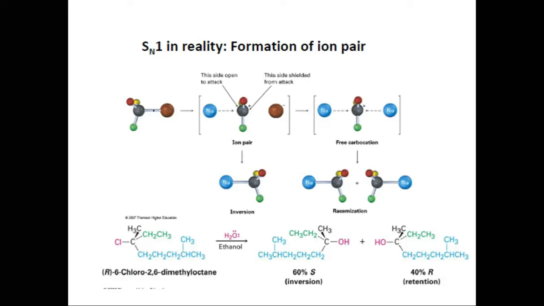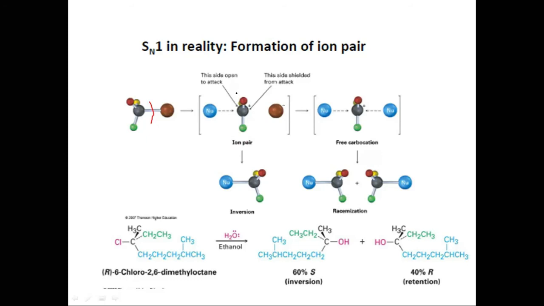And this is the leaving group, wherein in this particular state the carbon and the leaving group bond has been broken down, and still it is not completely out of this area. So in such a case, the nucleophile prefers to attack from the backside, from where the leaving group tries to leave out. And this particular form, we will call it an ion pair state.